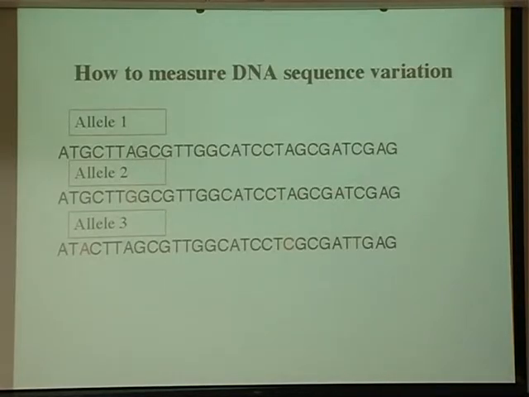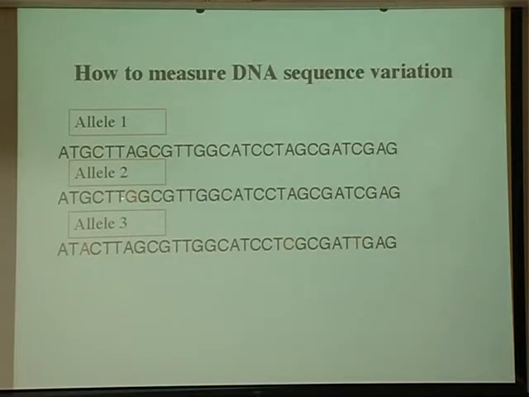So, how to measure DNA sequence variation? I'm assuming we've got independent haploid variants from the population. I'm going to call those alleles. So these are 3 different alleles, different haploid sequences: allele 1, allele 2, and allele 3. You can see the red here indicates a different base pair.